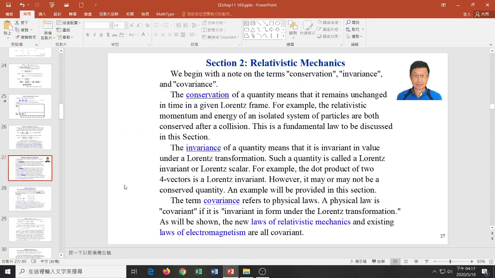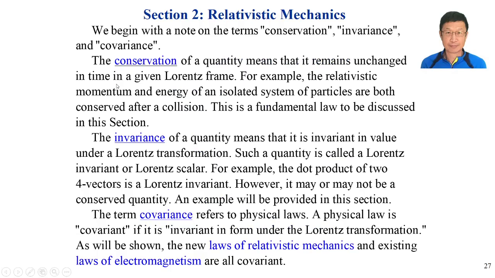So we will talk about three conditions. A physical law is covariant if it is invariant in form under the Lorentz transformation. As will be shown, the new laws of relativistic mechanics and the existing laws of electrodynamics, electromagnetism, are all covariant.